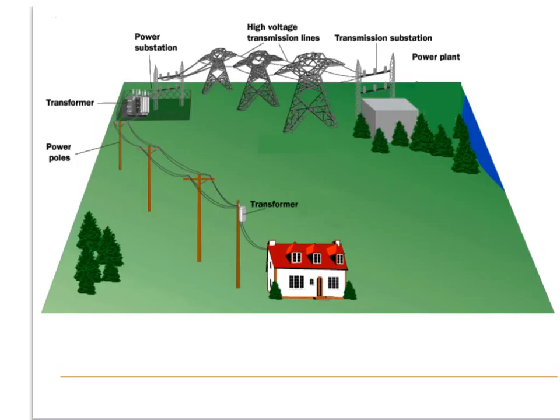Have you ever wondered why, if this is really high voltage, birds resting on these power lines are not electrocuted? The reason is that when the birds rest on the lines, the feet of the birds touch the power lines at exactly the same time.